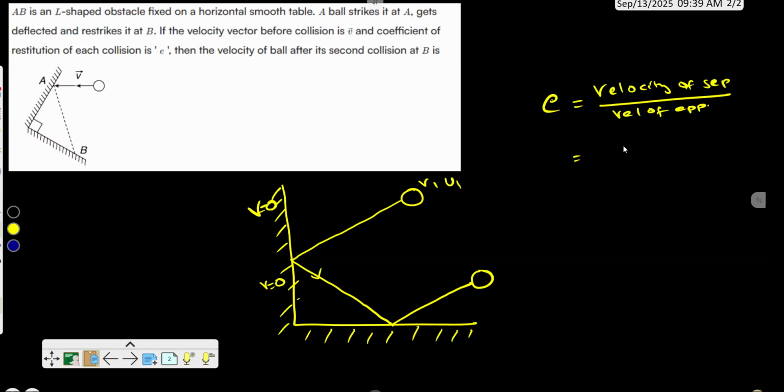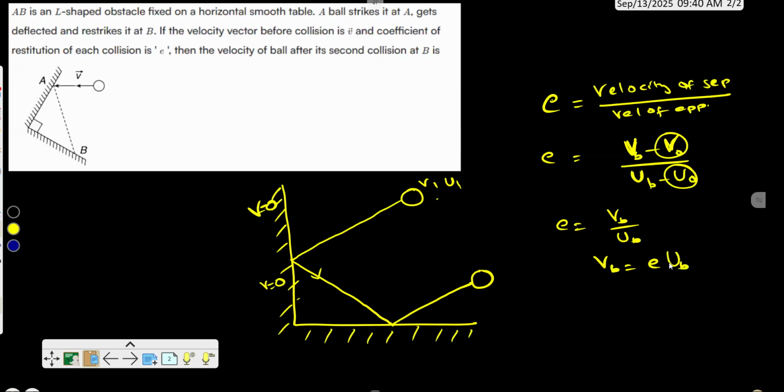So the velocity of separation is final velocity of the ball minus velocity of obstacle, divided by initial velocity of the ball minus initial velocity of the obstacle. The obstacle terms are zero. So E is simply the ratio of final velocity of the ball to initial velocity of the ball. Final velocity of the ball is equal to E into initial velocity of the ball.